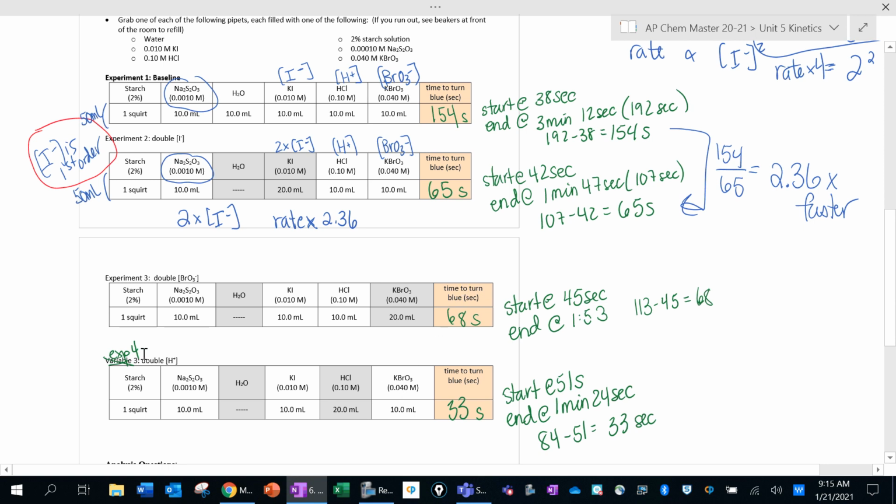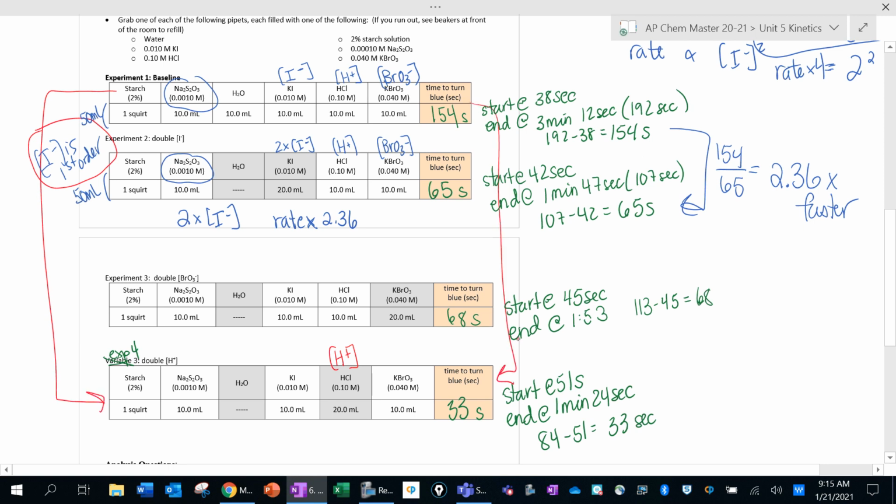Let's look at one more. Let's look at the 4th experiment where we double the hydrogen ion concentration. And we might notice that this one was dramatically faster. So you might already have a guess as to what the reaction order is for hydrogen, but let's confirm this with data. So if we compare experiment 1 and experiment 4, we want to make sure we compare the right experiments.